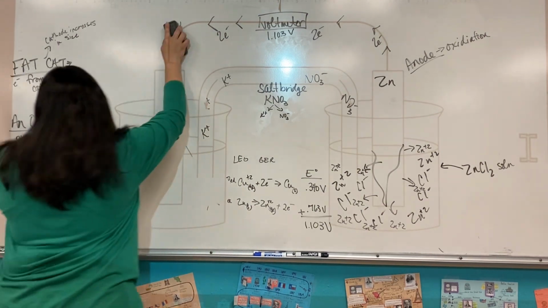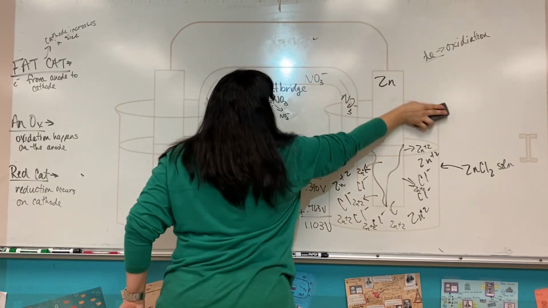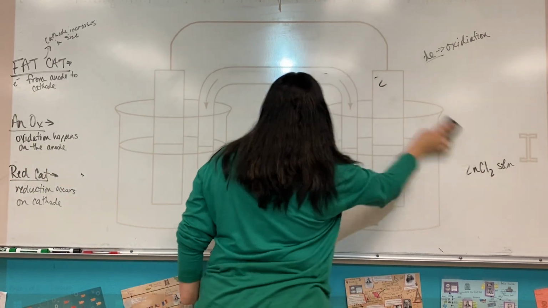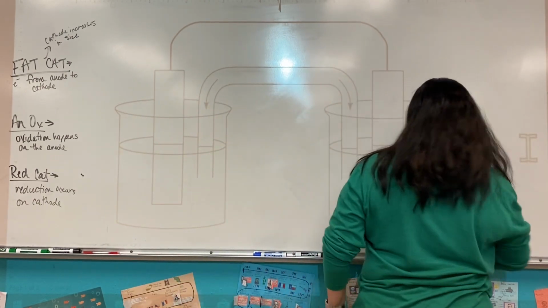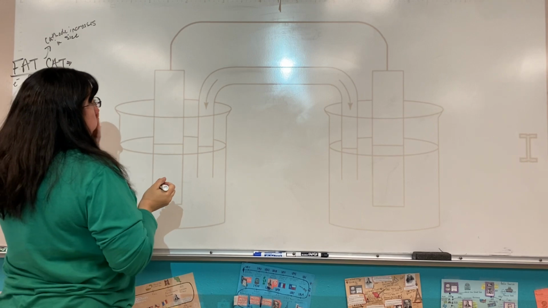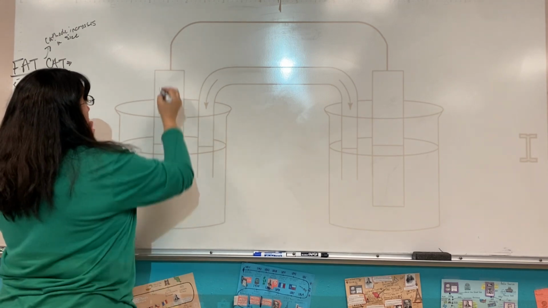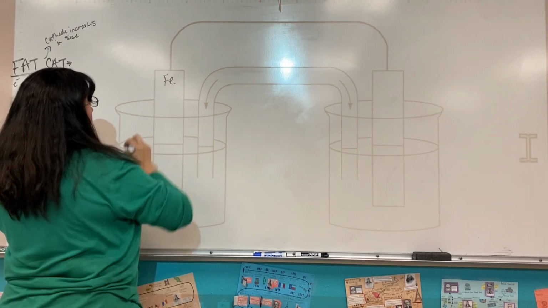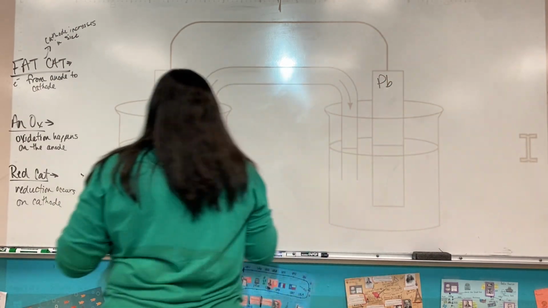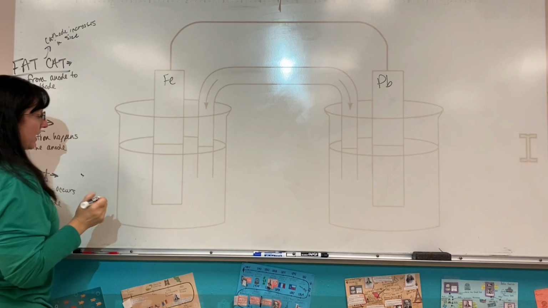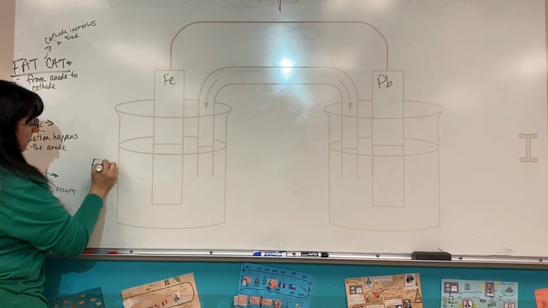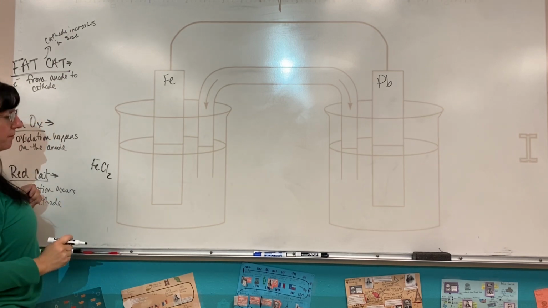All right, so I'm going to leave this right here up here. And this will go a little bit faster now that I'm not having to explain this as much. Okay, let's do iron and lead. Okay, so those are your metal pieces. Let's just say that I have iron chloride.